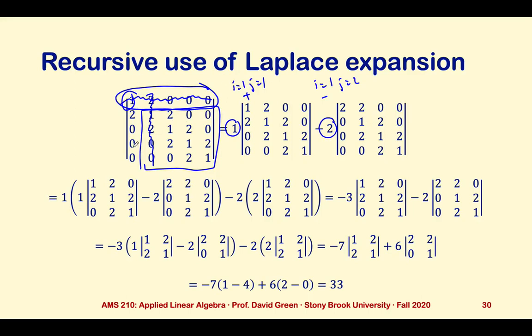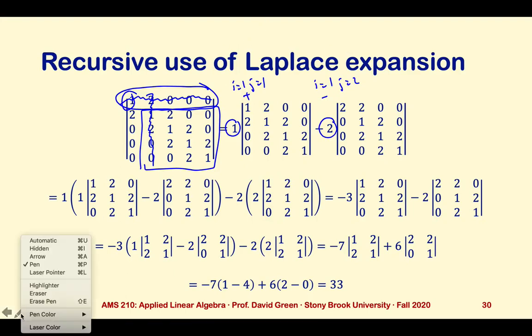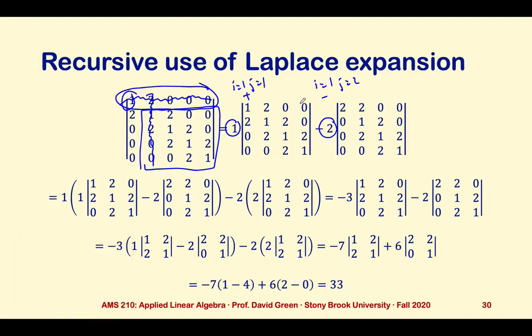We've broken down this 5 by 5 determinant into 2 4 by 4 determinants. The power of the Laplace expansion is that we can apply this recursively. We can now evaluate this 4 by 4 determinant and this one using the same approach.